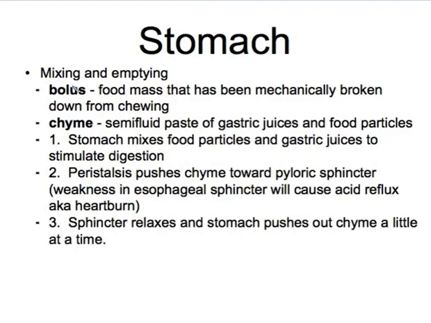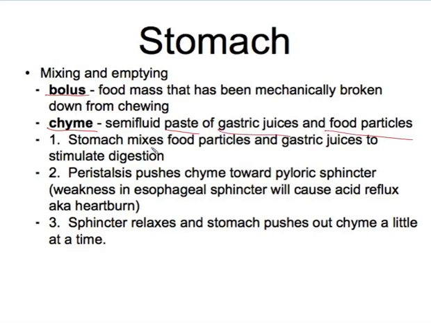Okay, so we had talked about this thing called a bolus. A bolus is a ball of food and saliva that gets swallowed from your mouth. When it gets to your stomach, it becomes a substance called chyme. Chyme is a paste-like mix of gastric juices and food particles.